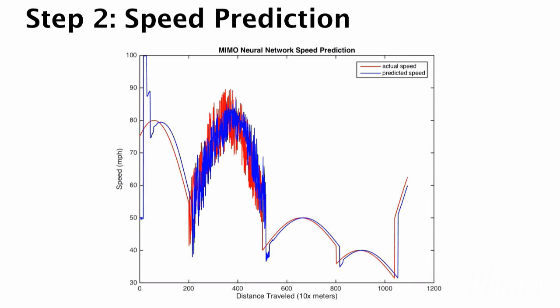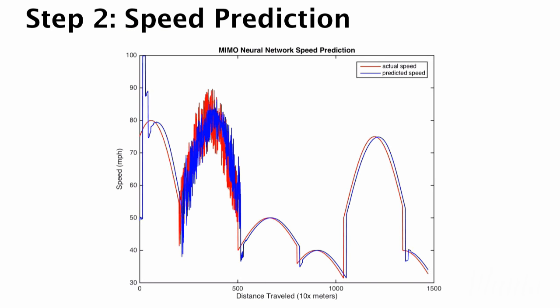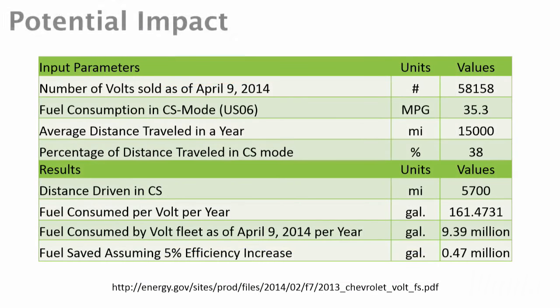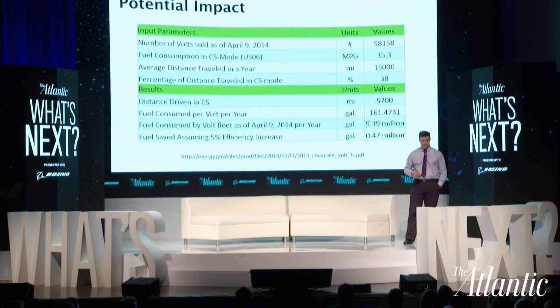The key aspect of speed prediction for this algorithm is to know in advance what the acceleration of the vehicle is and how it's going to change over time. So hopefully by now it's a little bit clear how driver prediction can forecast spots along the road where energy can be recaptured using regenerative braking.